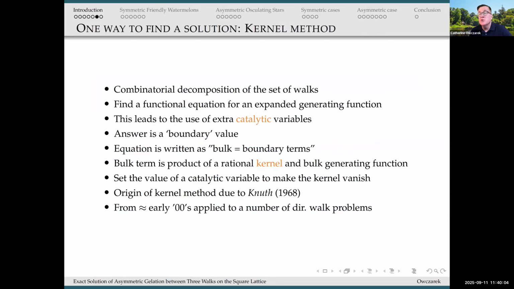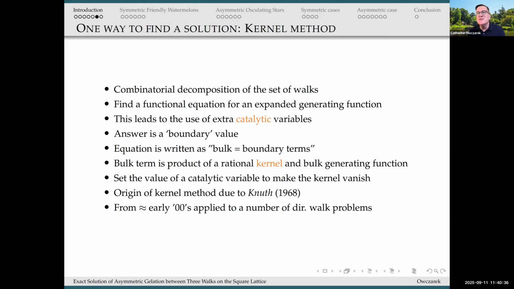So the way we solved those three different types of problems of friendly walkers was to use the so-called kernel method, in fact, the obstinate kernel method, which is a creation of various people, but Mireille Bousquet-Mélou was a leading light in that. But the actual original kernel method goes back to Donald Knuth in 1968. A very, very simple idea, it appears in one of his books. You start off with a combinatorial decomposition of your set of walks that leads to a functional equation.